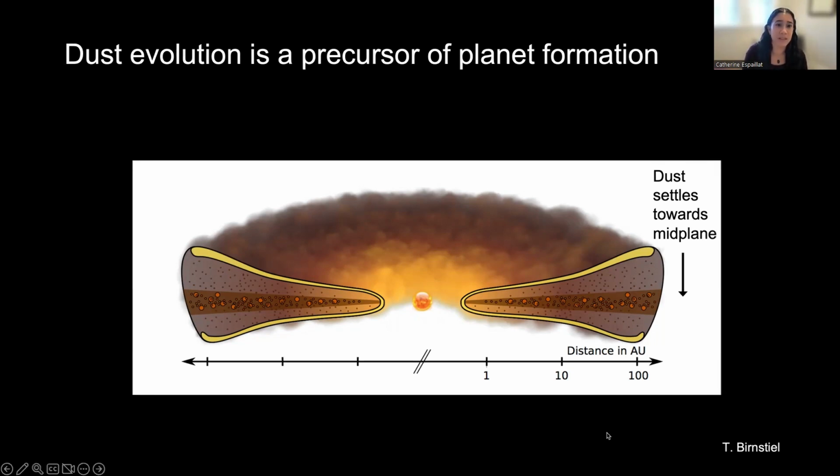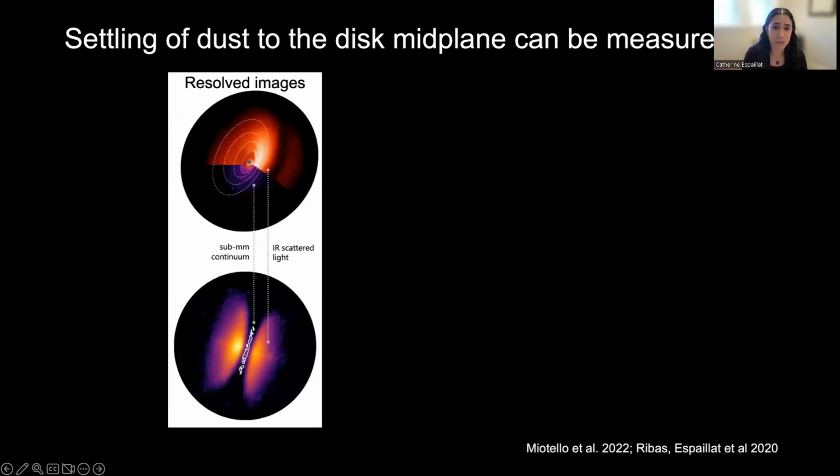And we do see evidence of settling in observations. So here we have resolved images, and it's hard to get resolved imaging for a lot of disks, but for the few that we can get resolved imaging for, the biggest and brightest disks, we do see very clear evidence of dust settling. The top is a disk at an intermediate inclination, and at the bottom is an edge-on disk.